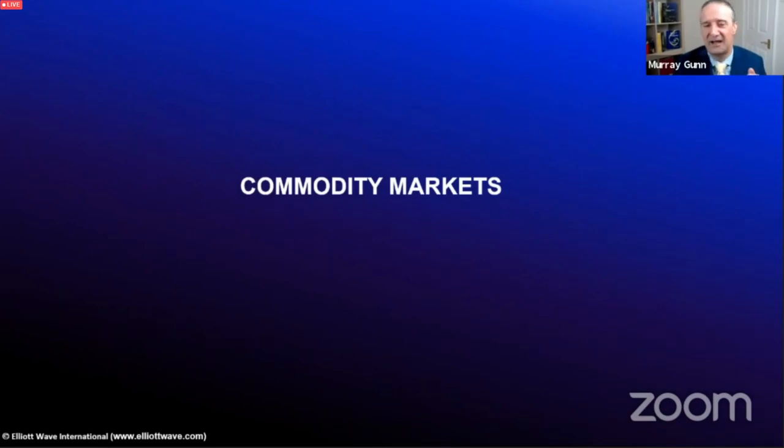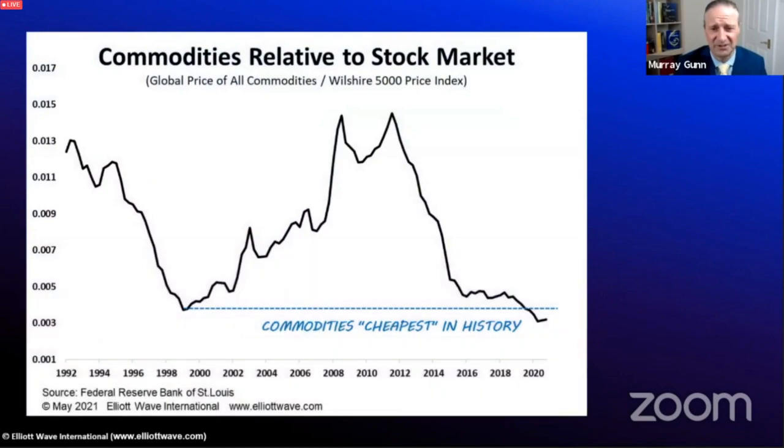And lastly, we're going to just take a couple of slides of commodity markets. Now, commodities have been the cheapest in history. This shows the global price of all commodities relative to the Wilshire 5000 stock market, and we can see that it was at its lows back here this year and last year.